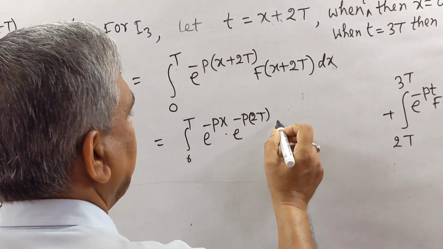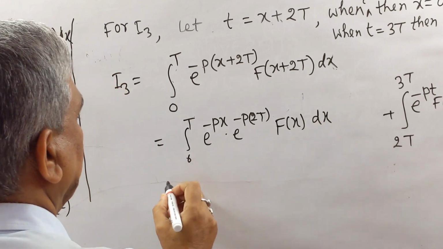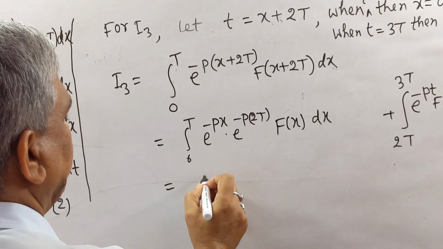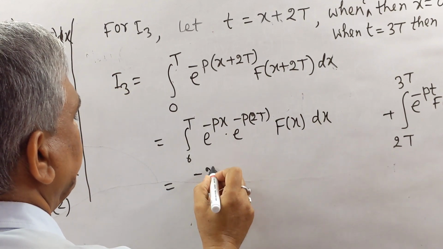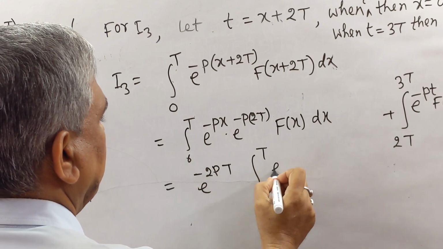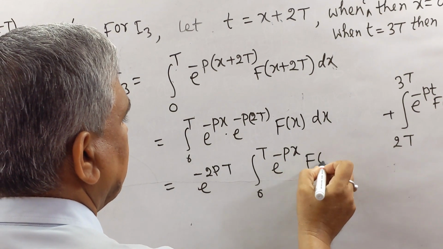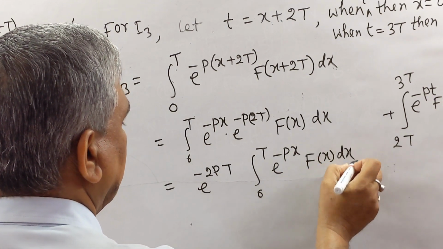So we write f(x) dx equals e to the power minus 2pT times the integral from 0 to T of e to the power minus px f(x) dx.